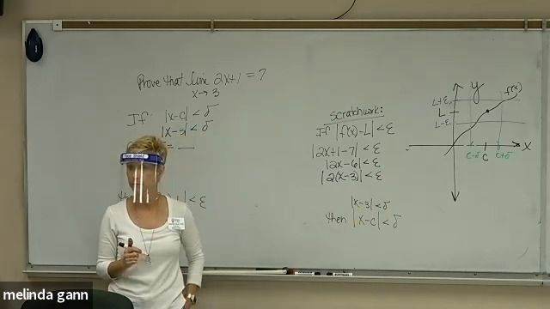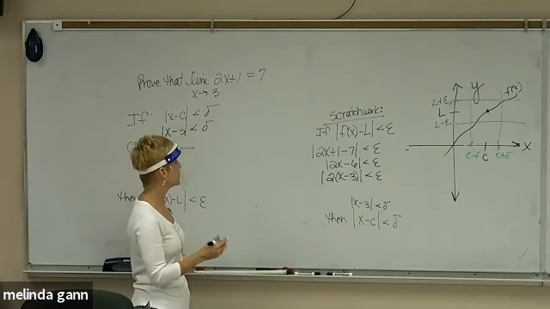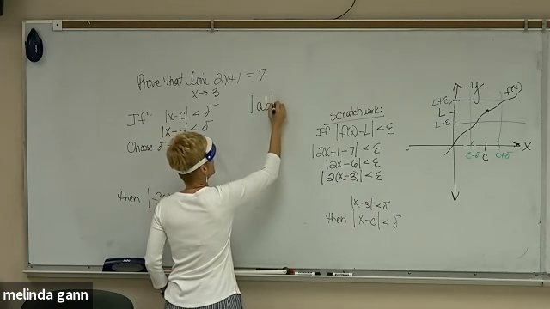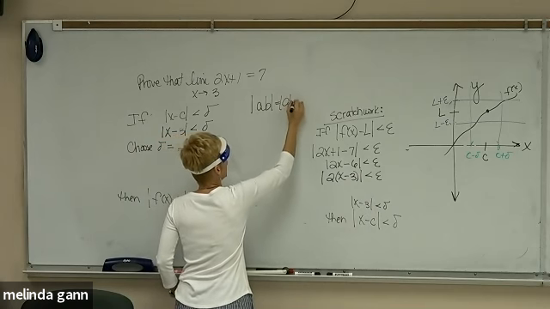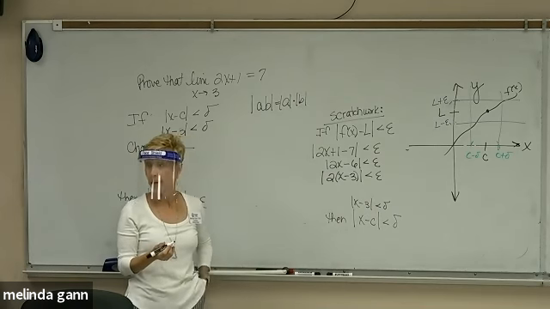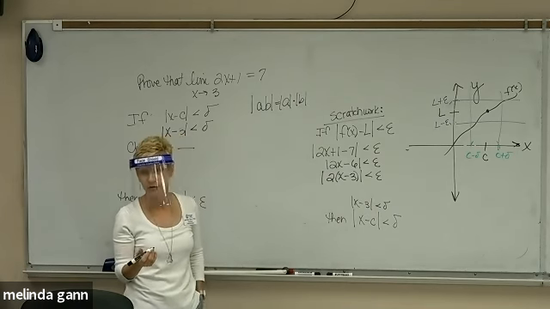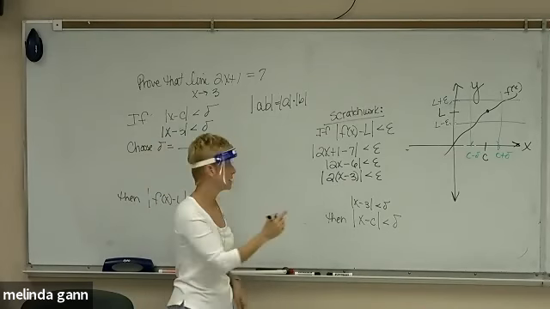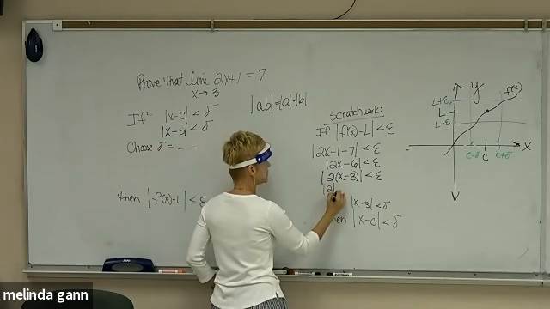We agree? Now, there's a theorem in algebra that says this. The absolute value of AB is the absolute value of A times the absolute value of B. I'm about to use that kind of backwards. I'm going to take this one thing and split it into 2 things. Everybody with me? So that's the absolute value of 2 times what?